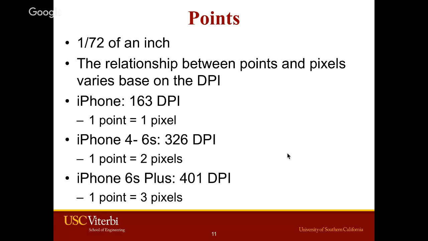If I want to display this image on an iPhone 4 to 6s, then this image would be 200 by 200 pixels. And if I want to display this on an iPhone 6s Plus, then it would be 300 by 300 pixels.